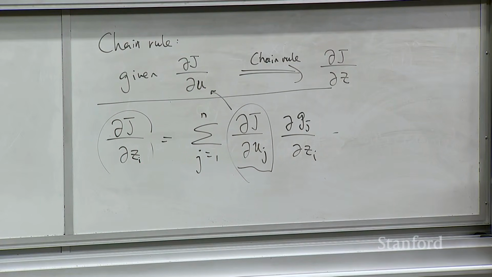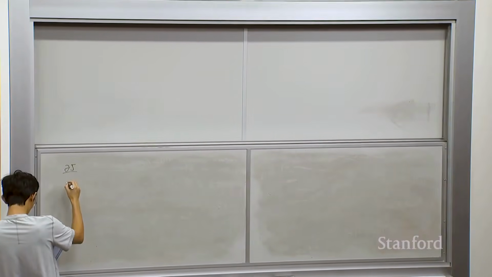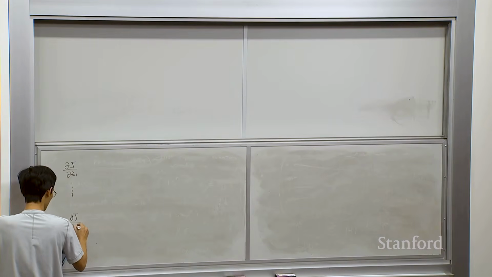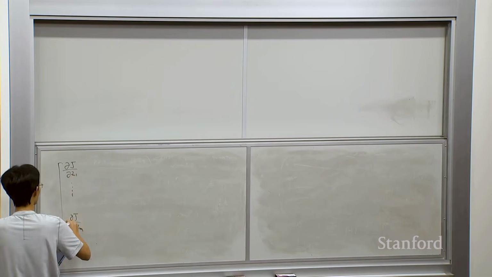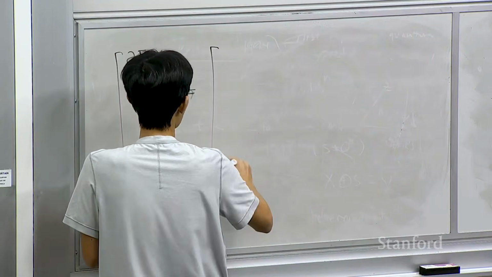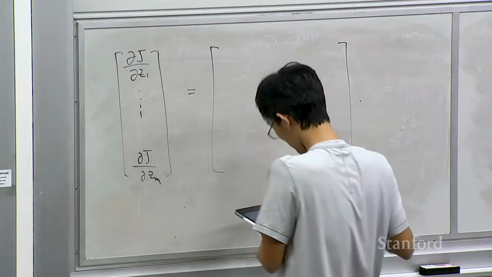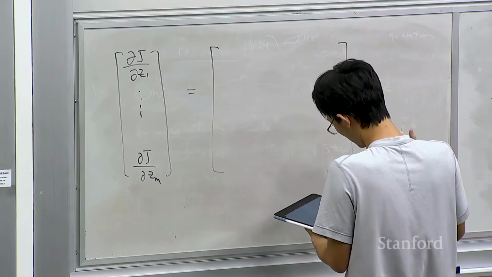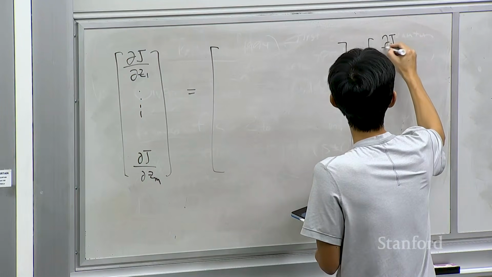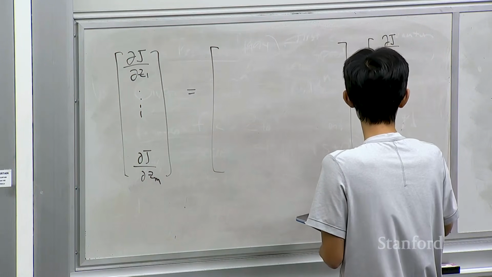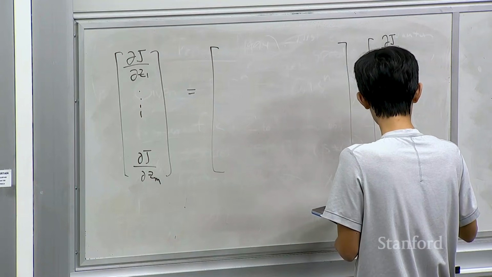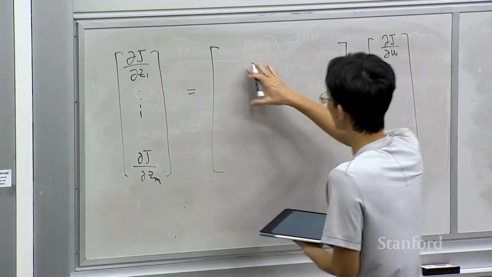If you reorganize this, you take dJ over dz1 up to dJ over dzm and organize them into a vector. Then this is an actual matrix multiplication, where the matrix is the transpose of the Jacobian, and this is the input you are given, which is the dJ over du's.